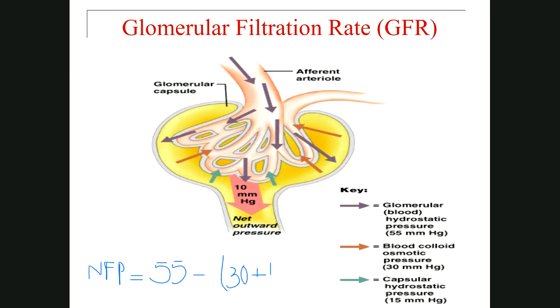And this result is equal to 10 millimeters of mercury. This is the net filtration pressure.